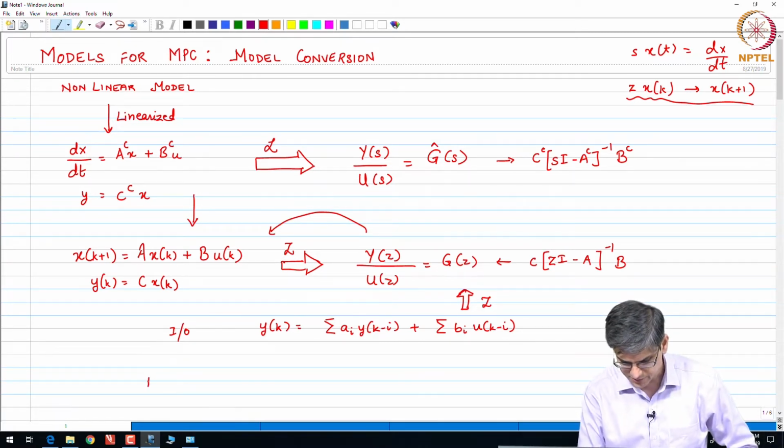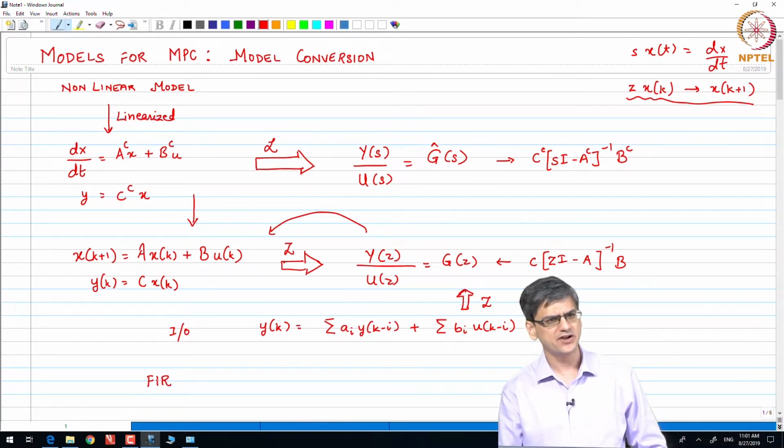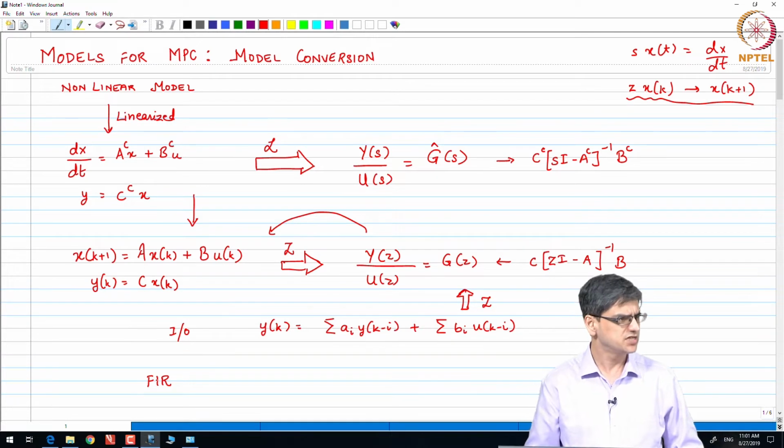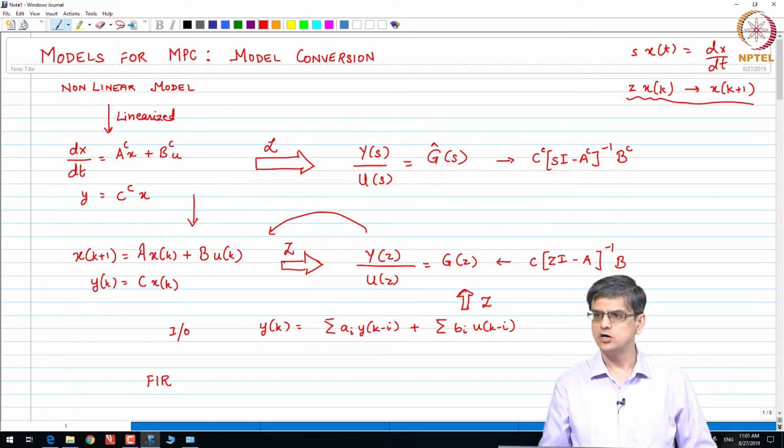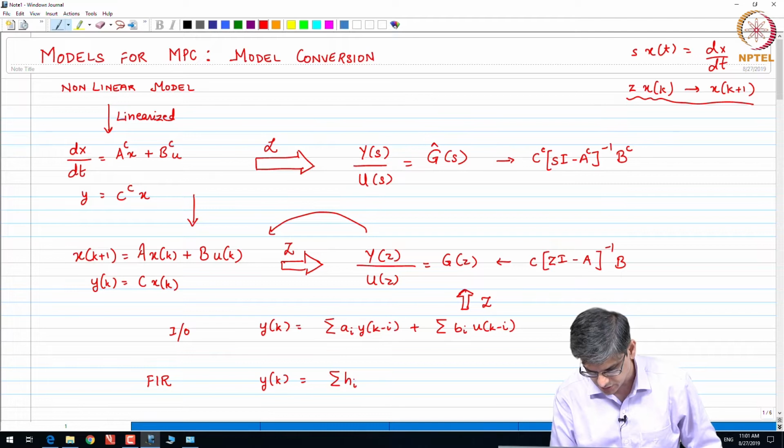And then finite impulse response, and again I am only taking finite impulse response for convenience's sake. You can also talk about finite step response instead. Finite impulse response was y k is summation h i u k minus i.